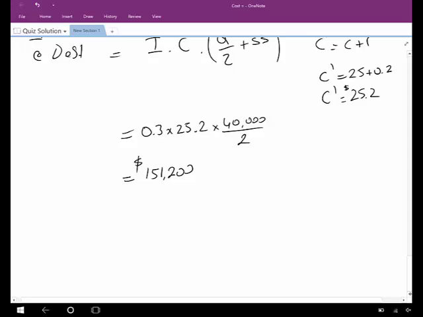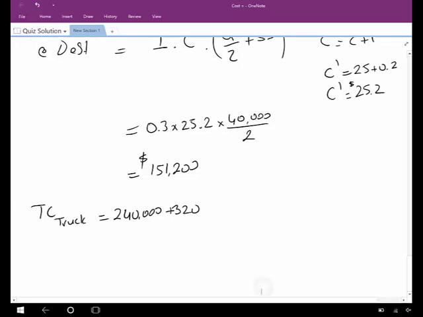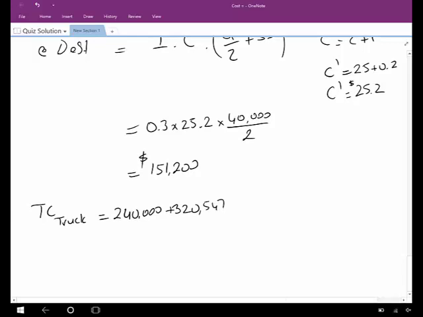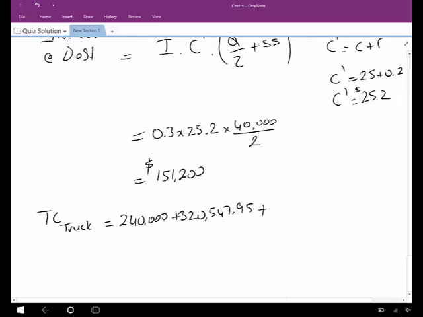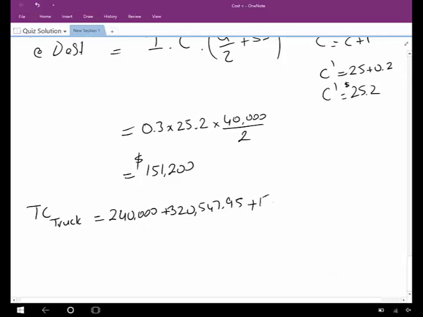So again, total cost this time for the truck is equal to 240,000, that is the transportation cost, plus 320,547.95 plus 150,000 plus $151,200, and that is equal to $861,747.95.